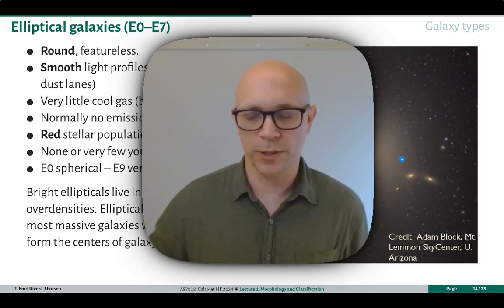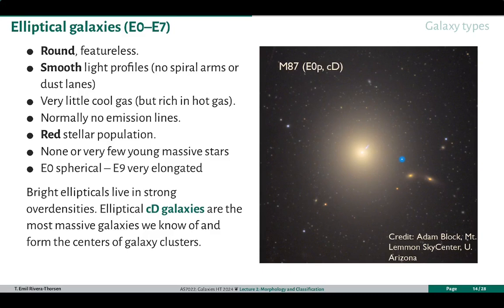Take a little moment to do that now. They also have no or very few young massive stars in them, basically no star formation at all. And again, E0 are spherical and E9 are extremely elongated. And as I said, we rarely classify galaxies beyond E7.